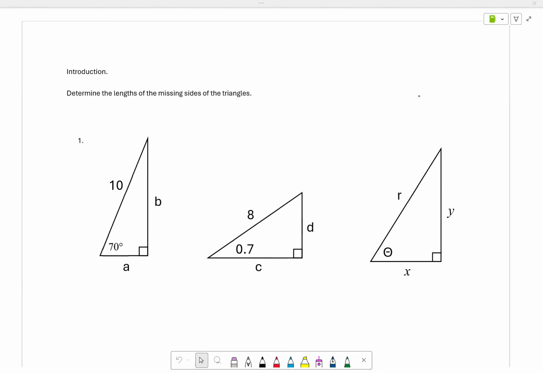So A is... Wait, we should be in degrees now? Yeah, degrees.